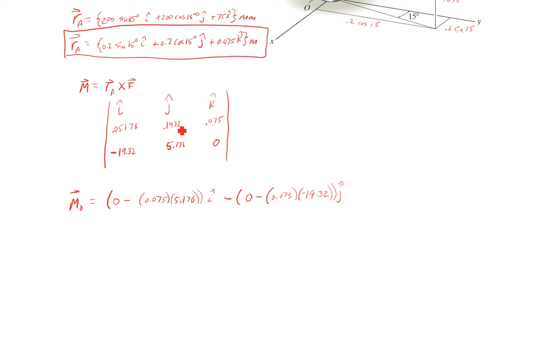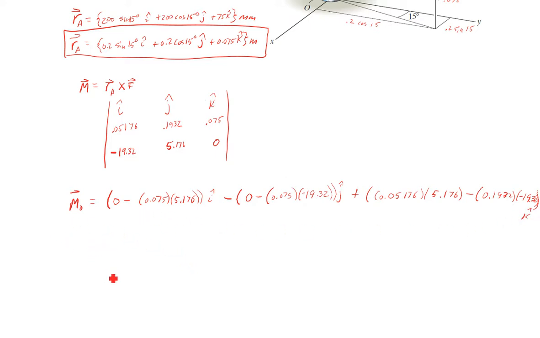That's our J. And then last, we cover up our K row, so we get plus 0.05176 times 5.176. And then we're going to subtract off 0.1932 times negative 19.32, and that, squeeze another parenthesis in there, is in the K direction.